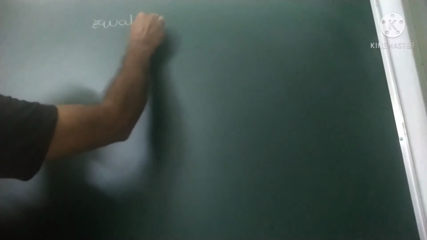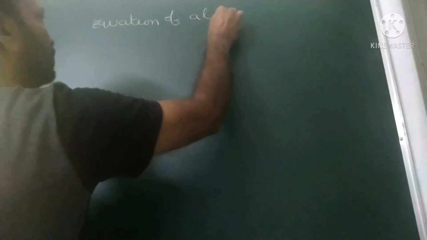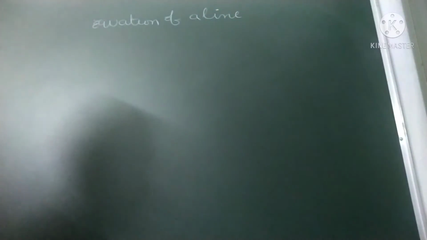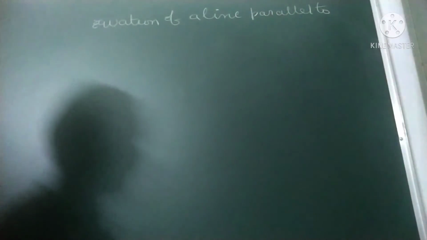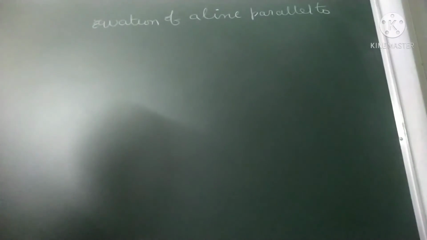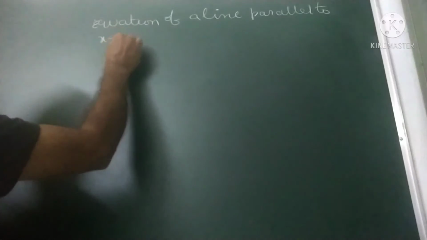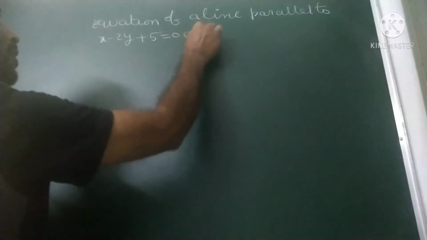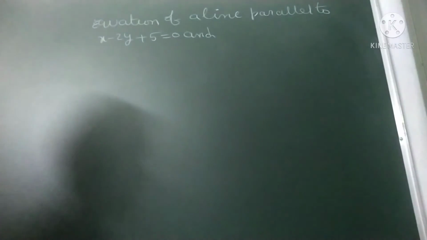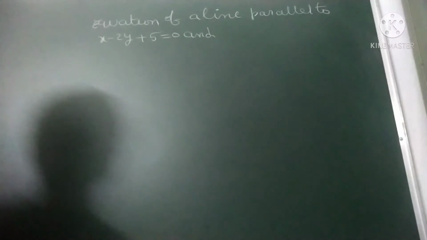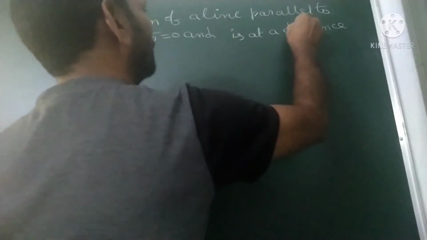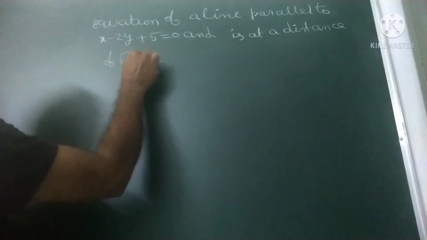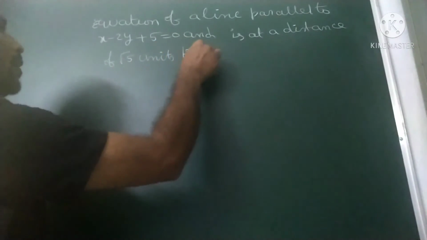Now another problem. Equation of a line parallel to x minus 2y plus 5 is equal to 0 and is at a distance of root 5 units from origin.